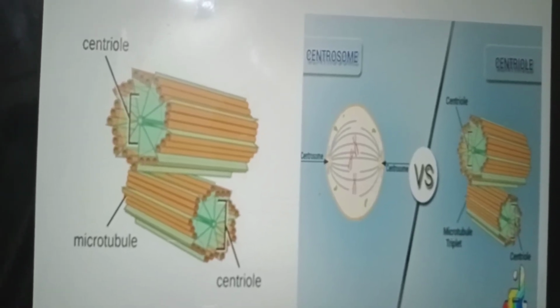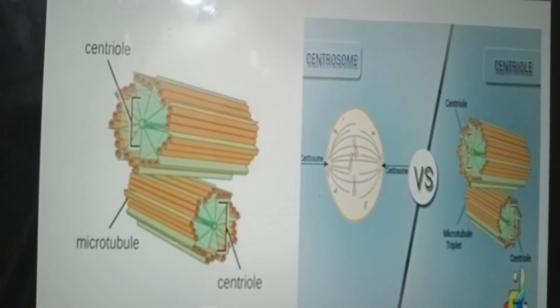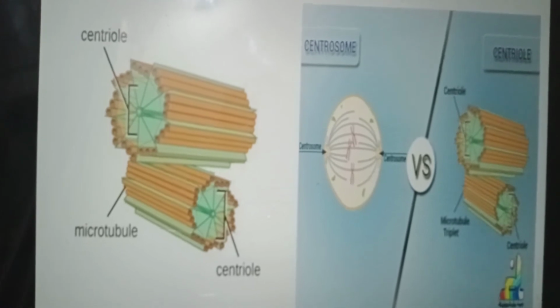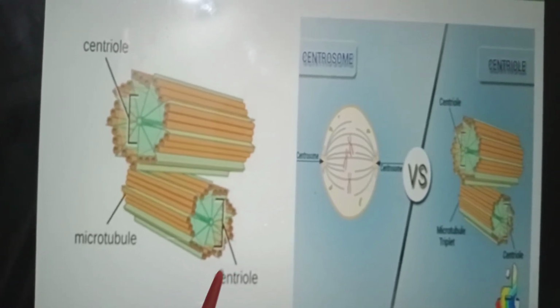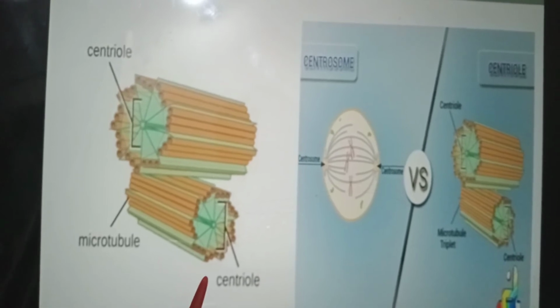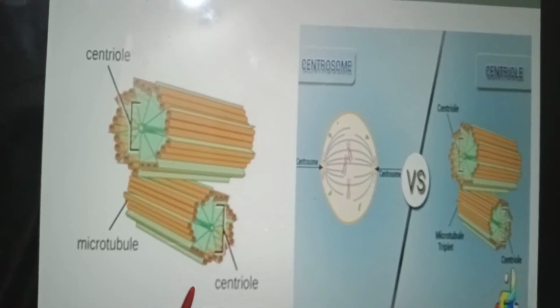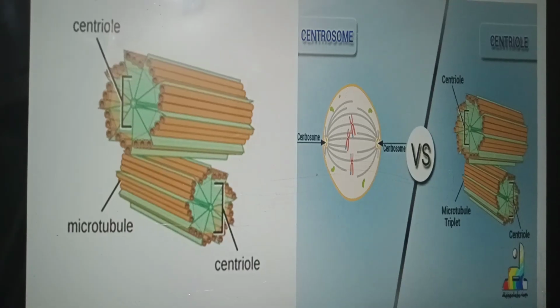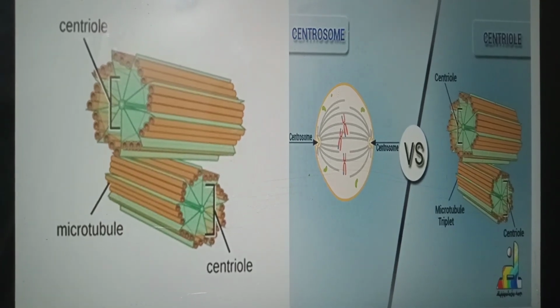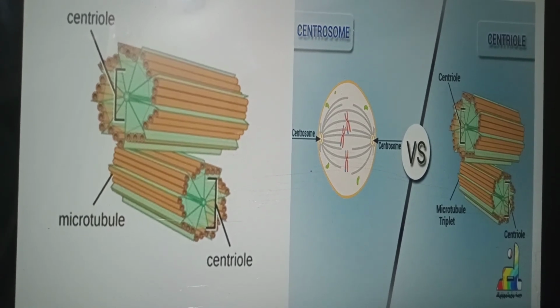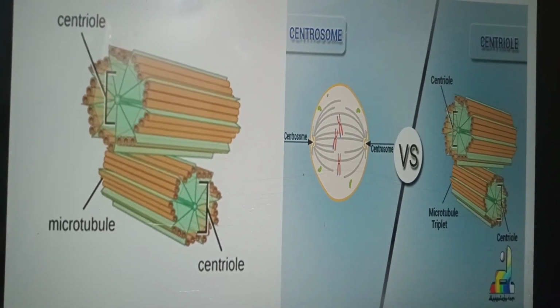Animals and many unicellular organisms have hollow and cylindrical organelles which are known as centrioles. Each centriole is made up of 9 triplets of microtubules, which are made up of tubulin protein.